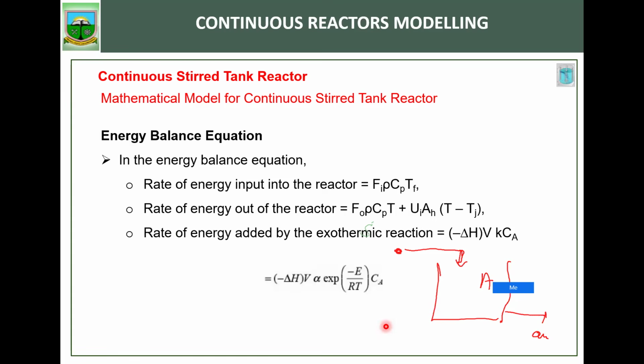Then we have accumulation, we have generation, and also we have the jacket, which is Q. If there was a stirrer in it, that's the work done, W. Remember, but in this case, it's negligible, so this is not there. So how many terms do we need? I think 5, right? We have 1 here, 2, 3, 4, equal to.